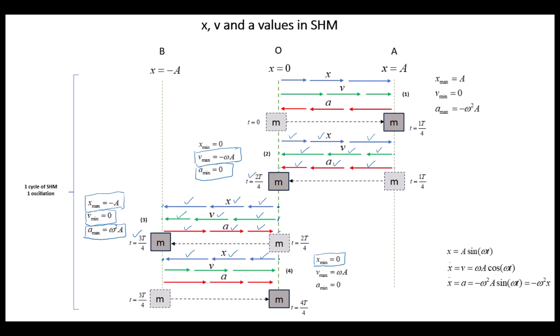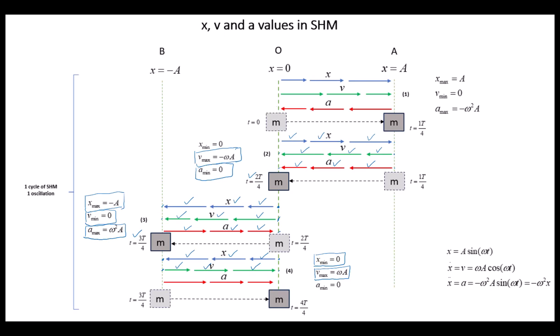Talking about the velocity in the fourth quarter, velocity starts increasing in magnitude from the minimum value 0. Finally, at the point O, it is the maximum, given by V max equal to omega times A. The direction of the velocity is towards the right-hand side and therefore positive.